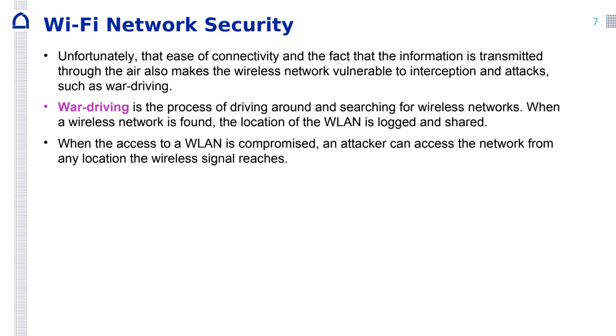So it's the process of driving around and searching for wireless networks. When he found or she found a wireless network, the location of the wireless LAN is logged and shared with other people. Okay. And when the access to a wireless LAN is compromised, an attacker can access the network from any location.